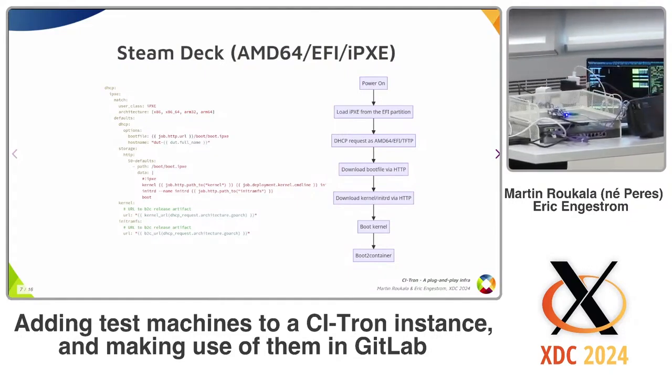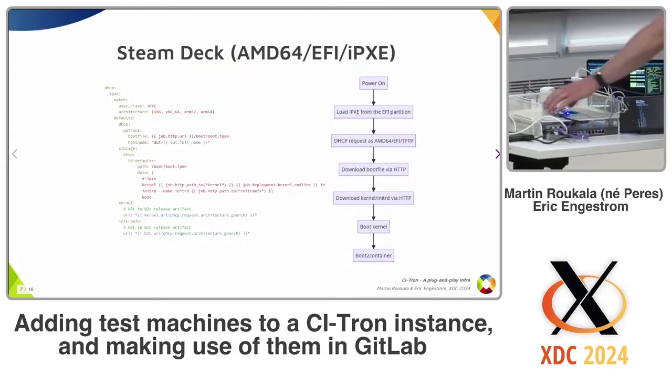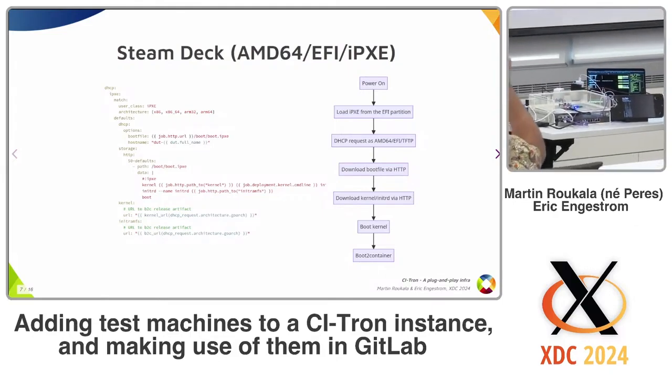This will happen with iPXE, which is going to announce itself with a DHCP request with the user class option, which provides the client architecture as x86 64 UEFI and TFTP as the parameters.